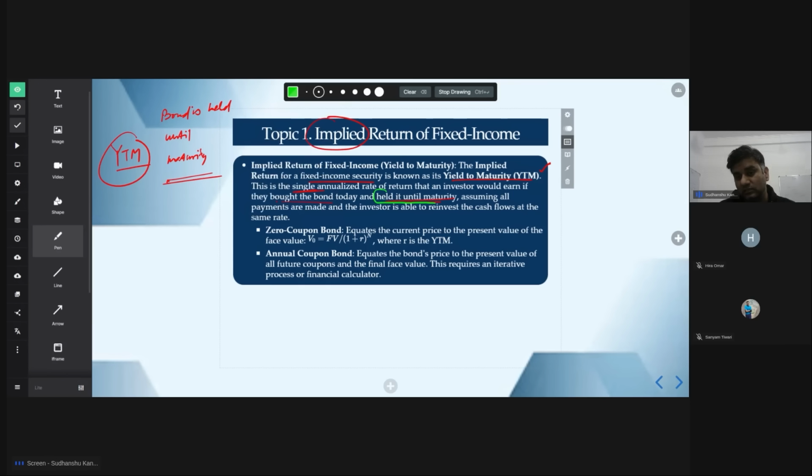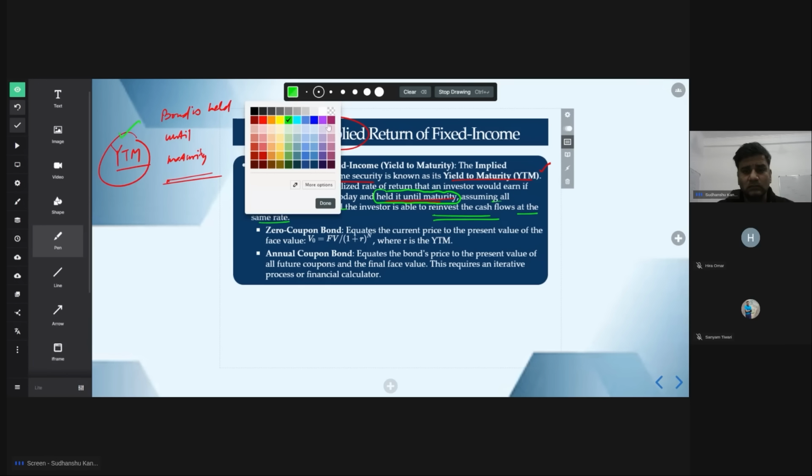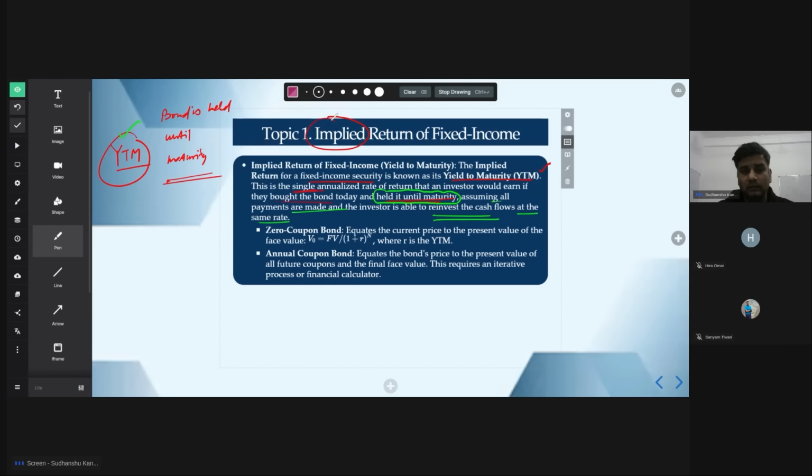If a statement tells you that this assumption does not hold true, then YTM does not hold true. So you have to remember this assumption: held until maturity, assuming all payments are made and the investor is able to reinvest the cash flow at the same rate. Another assumption, I'm writing it here, guys.